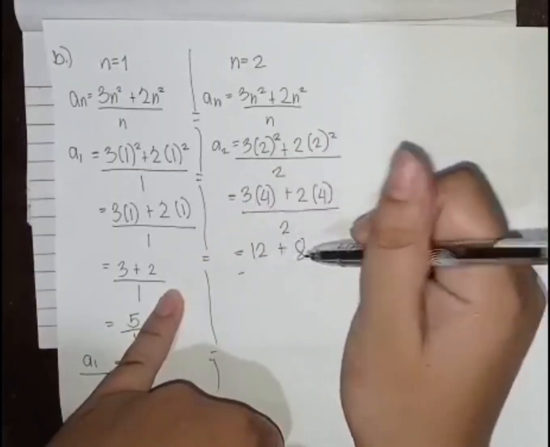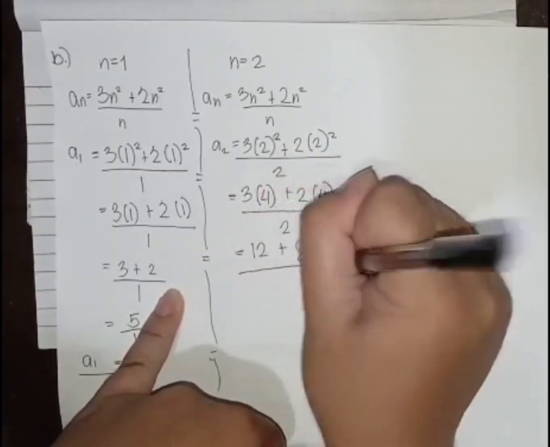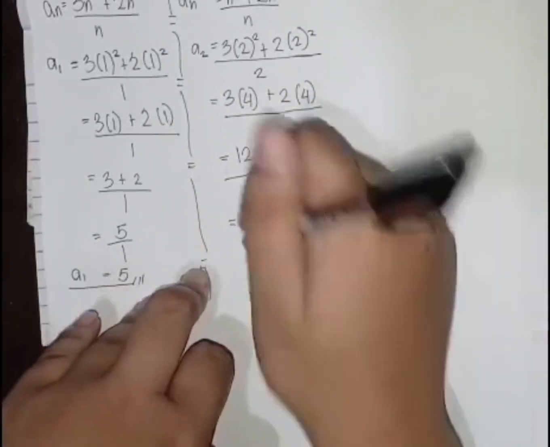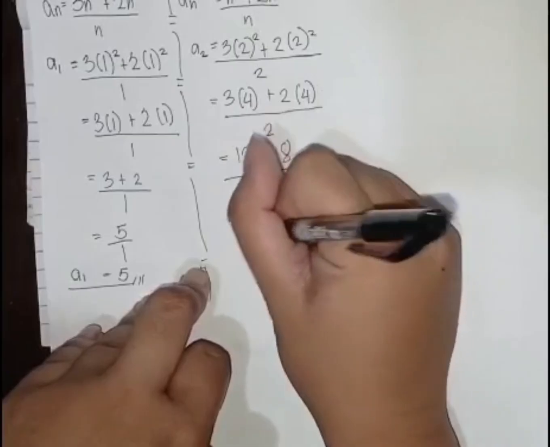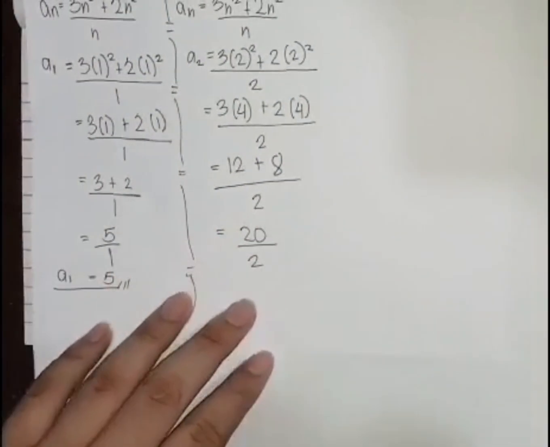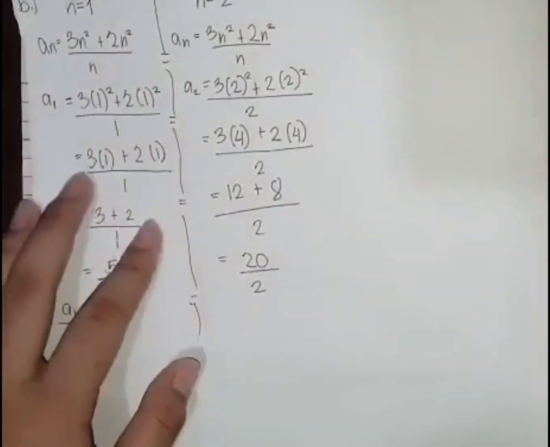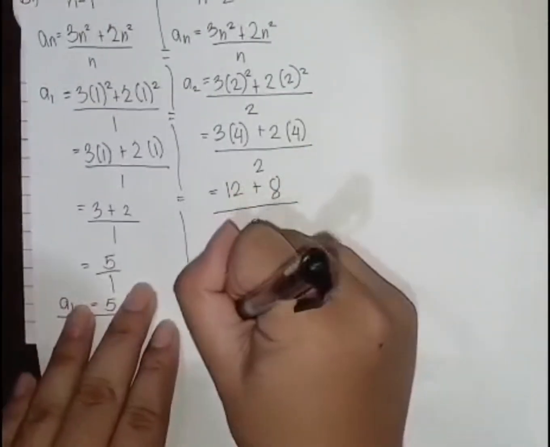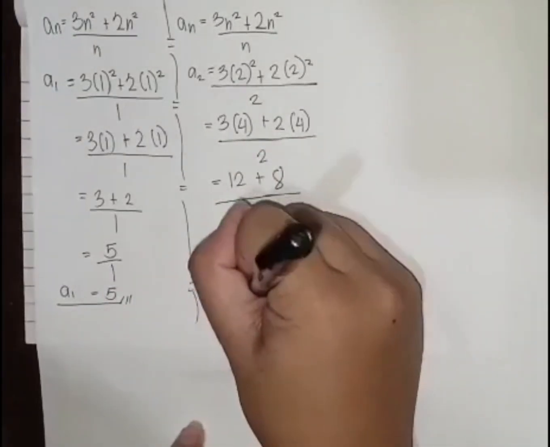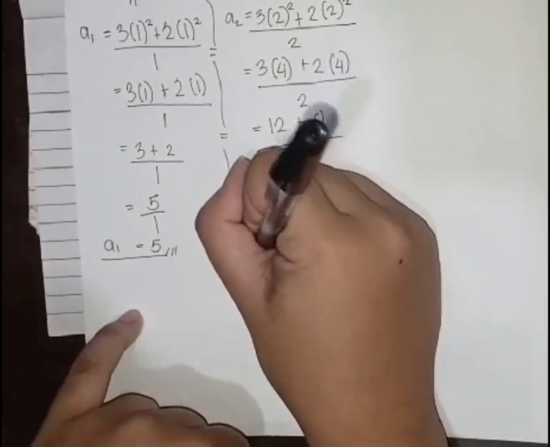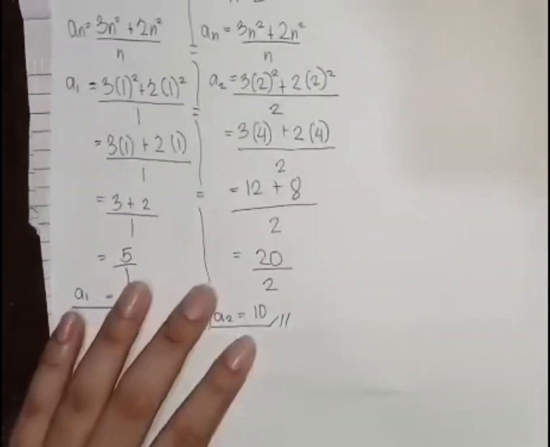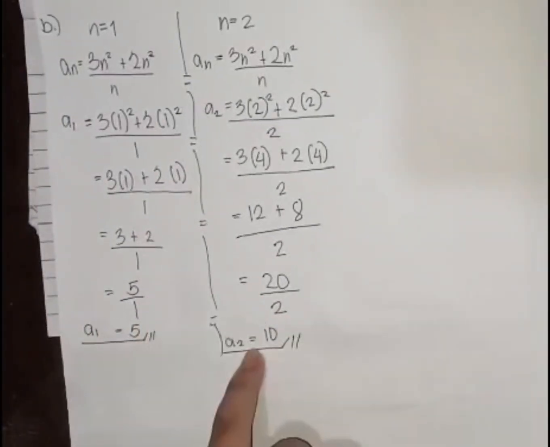So, over 2. So, 12 plus 8 is 20 over 2. So, since we can simplify this fraction, let us simplify it. So, 20 divided by 2 is 10. So, the value of our second term is 10.